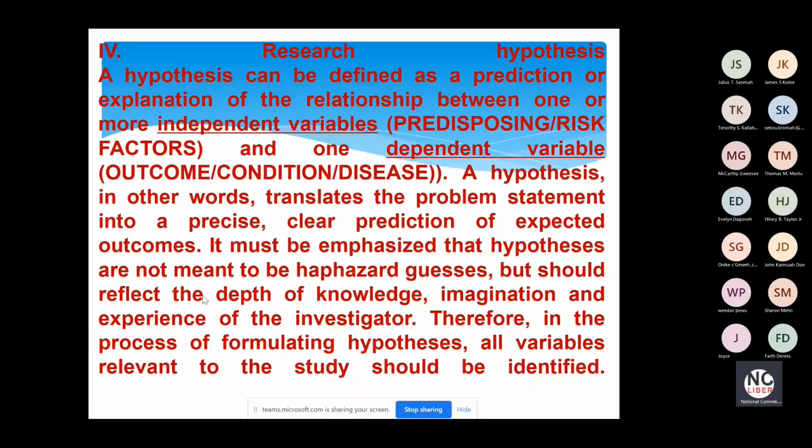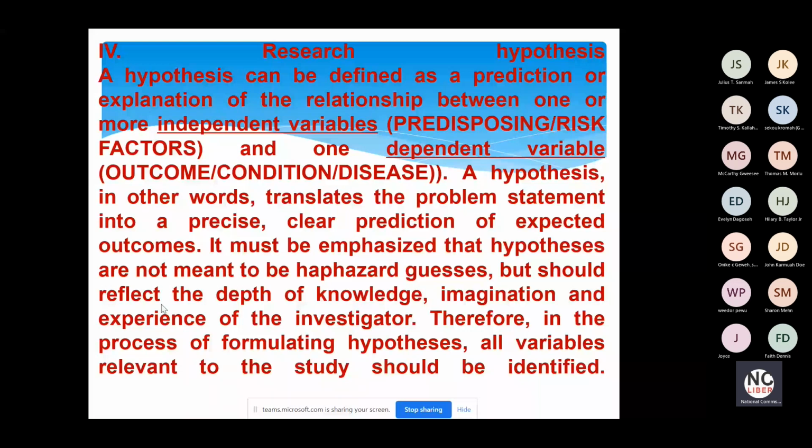So one thing to do is that you have to be able to emphasize that the hypotheses that you have set are not meant to just be ordinary guesses, but they have to show that you have deep knowledge about the issue. You have deep knowledge.